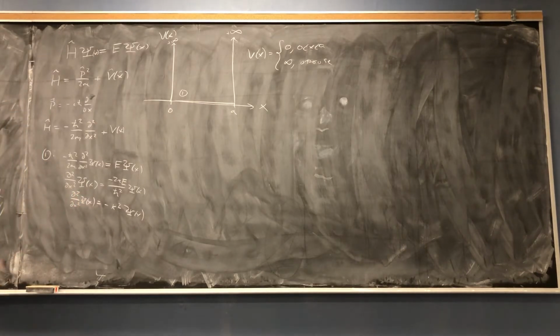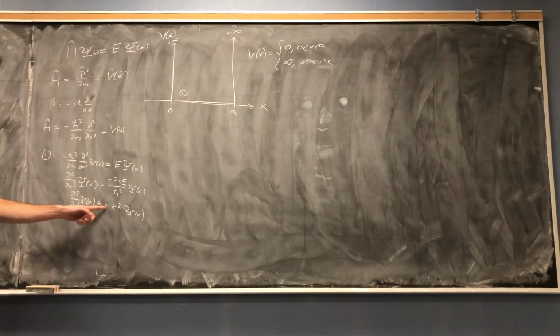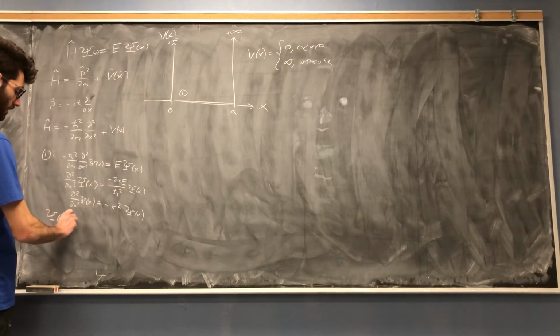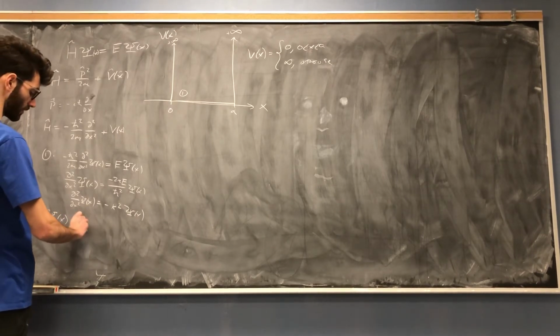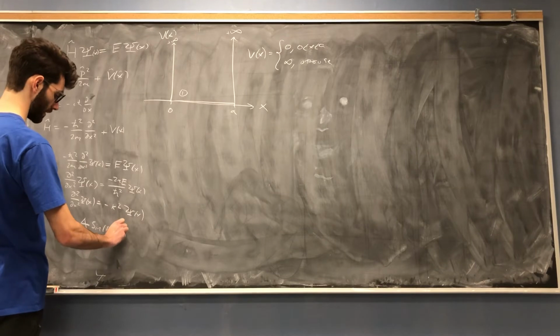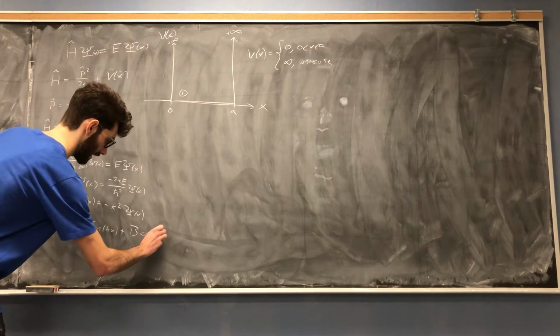Alright, so what we have is just a simple second order differential equation for the wave function, and we know the solution to this. What functions do we know that when we take two derivatives we get the same function back up to a constant and a minus sign? Well, these are just the trigonometric functions. So we can write the general solution to this differential equation as some coefficient a times sine of kx plus some yet to be determined coefficient b cos kx.